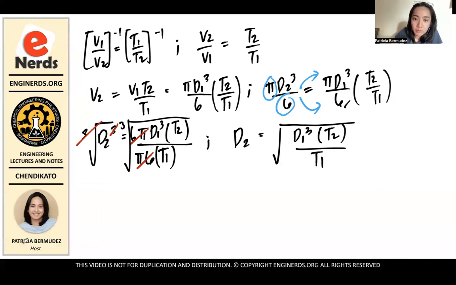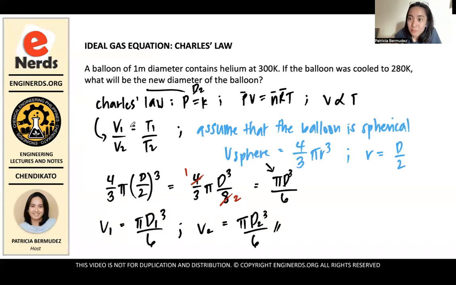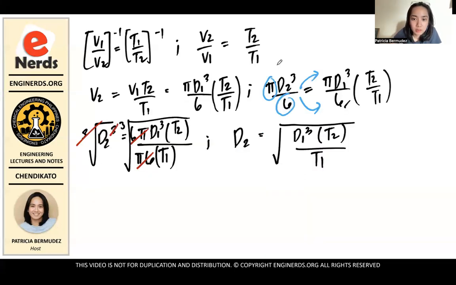And in this problem, convenient na kasi yung temperature natin is in Kelvin. But if, for example, the temperature is given in Celsius, you have to convert it into Kelvin first. Or for instance, if it's given in Fahrenheit, you have to convert it into Rankine first. Okay? So ayan, we just substitute here. So yung D2 natin is equal to the cube root. Sorry, I forgot the 3 here.